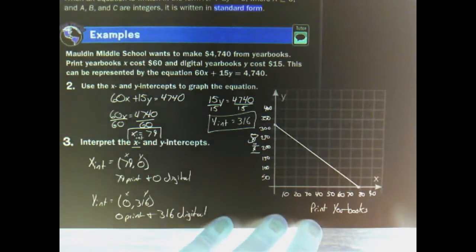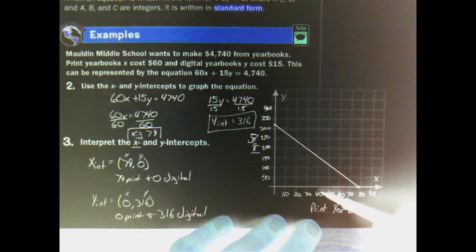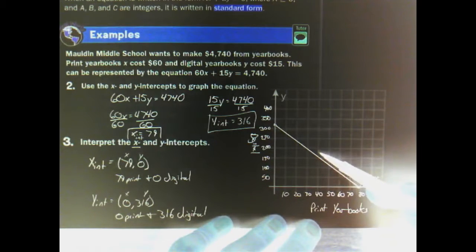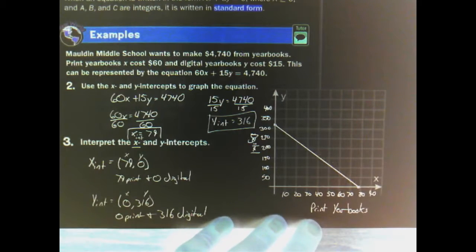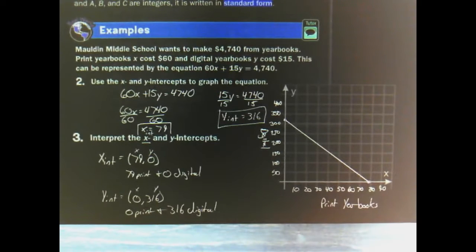For example, if we sold 40 print yearbooks, we would need to sell at least, it looks like, a little bit over 150 digital yearbooks in order to make our money. So this is extremely helpful in terms of business and finance, and even in terms of a middle school fundraiser.